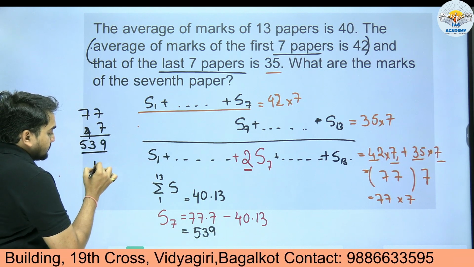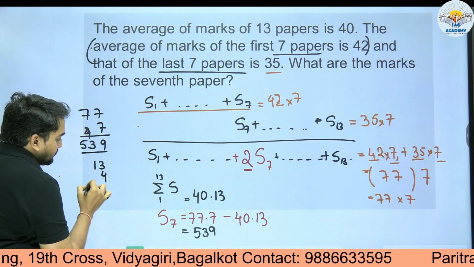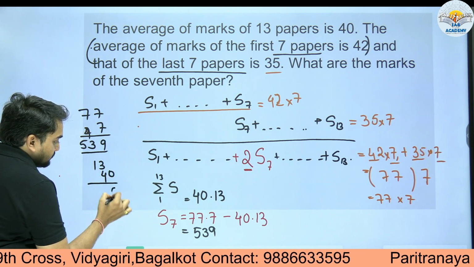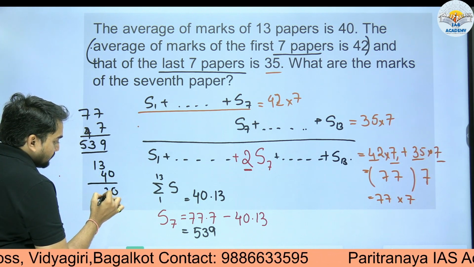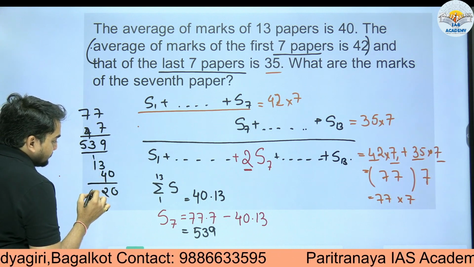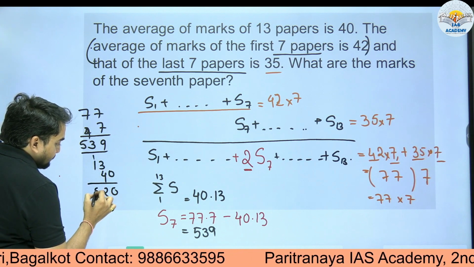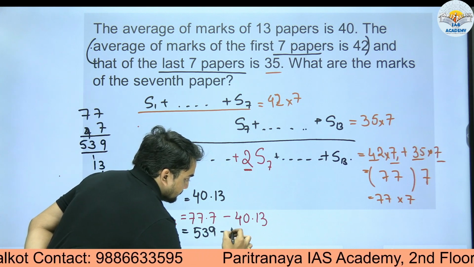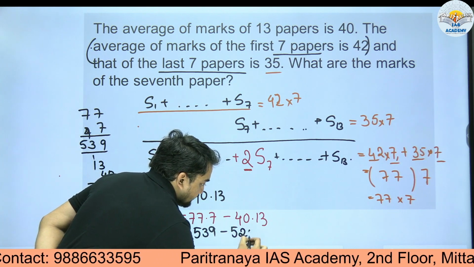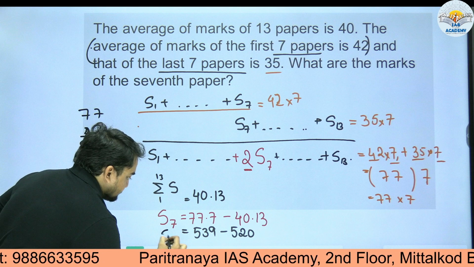Next, 13 into 40. Here 0 will come. 4 3s are 12, 4 1s are 4 plus 1 is 5, and so 520. Okay, this is the calculation.